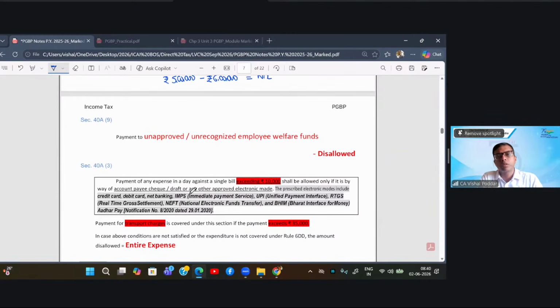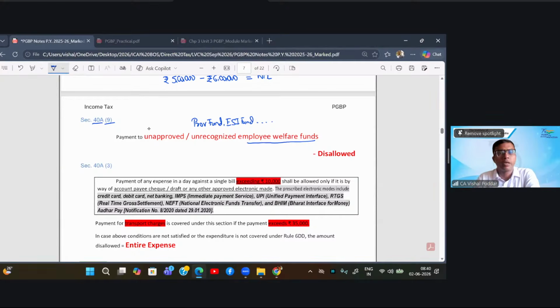Now we come to the third section, which is section 40A(9). Now, what does 40A(9) say? 40A(9) says that whenever you are having employees, you have to compulsorily make payment to Provident Fund, ESI fund, and various other employee welfare funds.